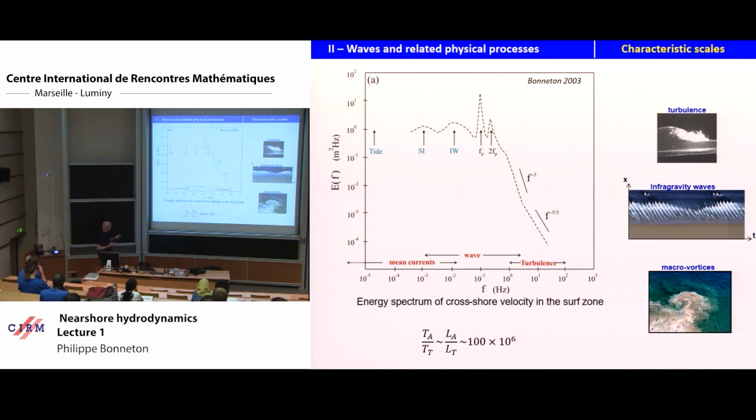So the ratio of large scale to small scale, in time and space, is about 100 million. So very complex, with a very broad spectrum related to nonlinearities, and all processes are interacting together.